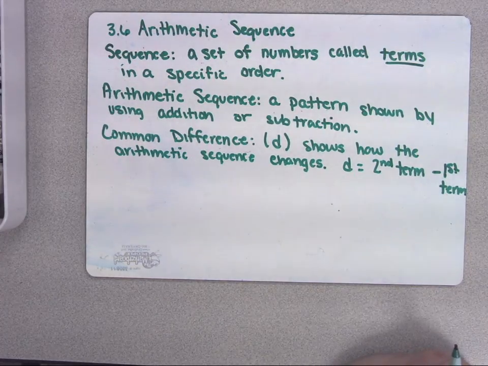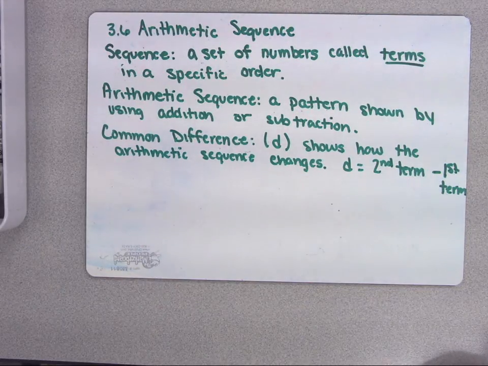There are 3 parts to your homework. Also make sure you pay attention that on your homework in the back, it says no graphs. There's a part that says graph them. Don't do it, okay? Just do the other parts.